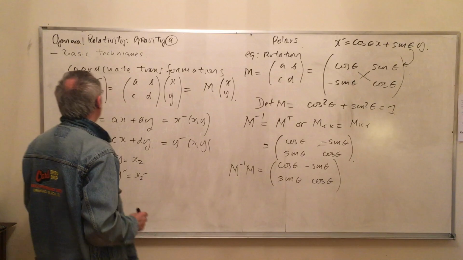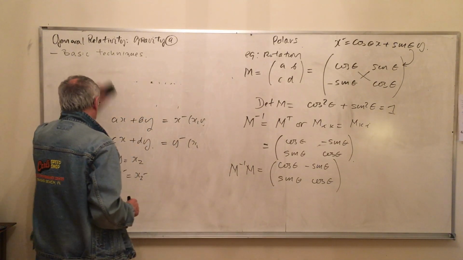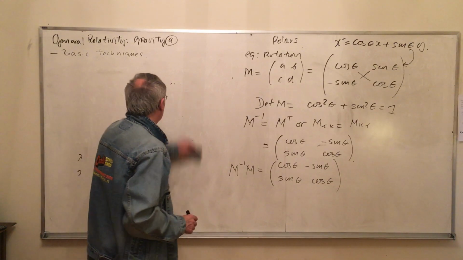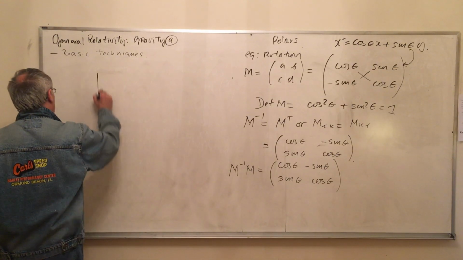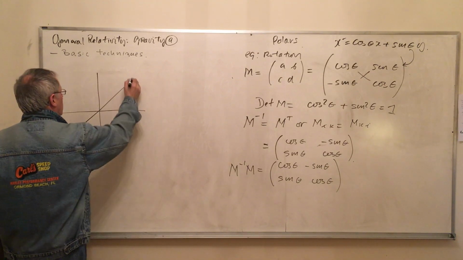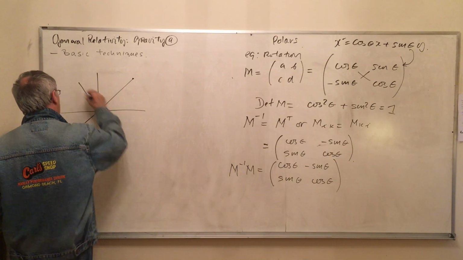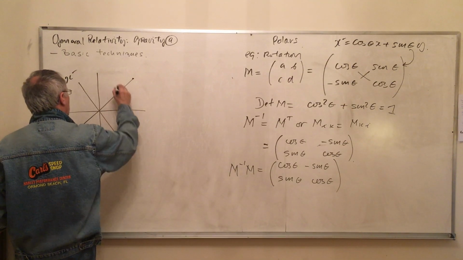Now this is all kind of elementary because if we were using our heads and thought a little bit about it, this is what we're doing. We take a point and we rotate the axis. Sorry, here's the point.